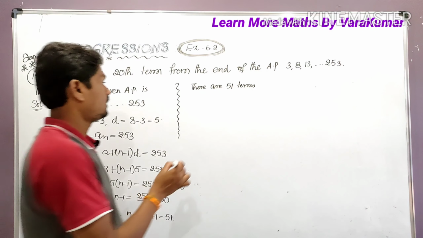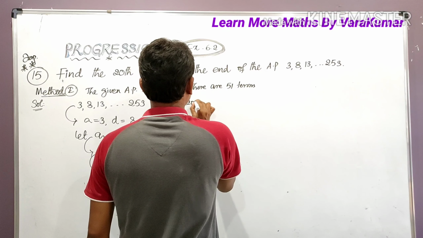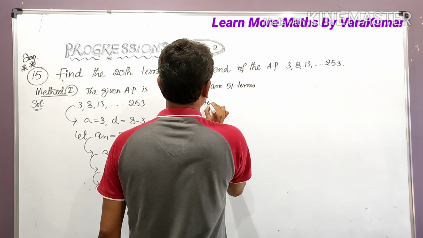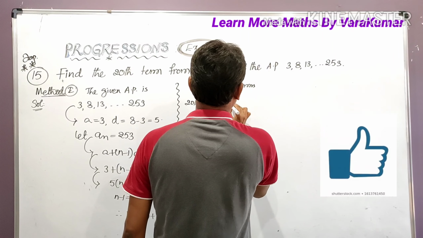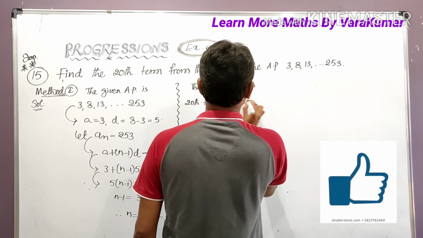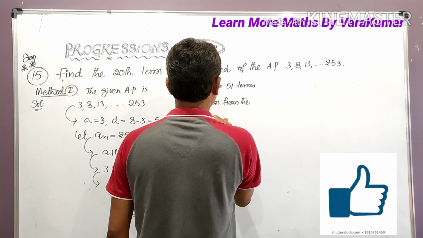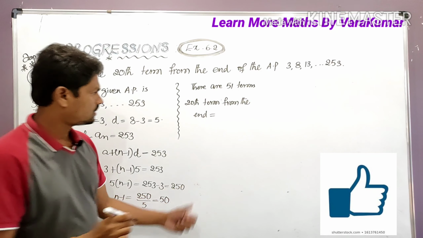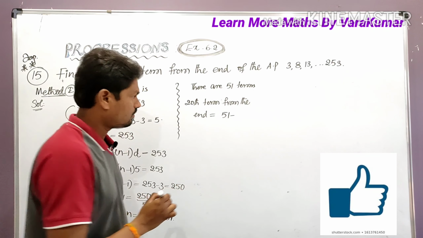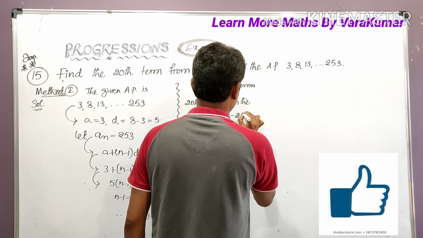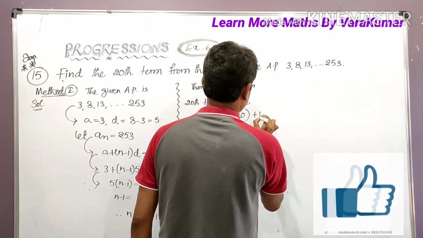Here the 20th term from the end is equal to total terms minus 20 plus 1.